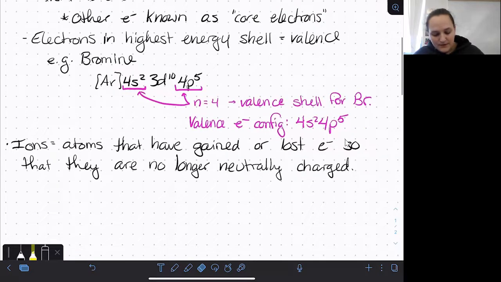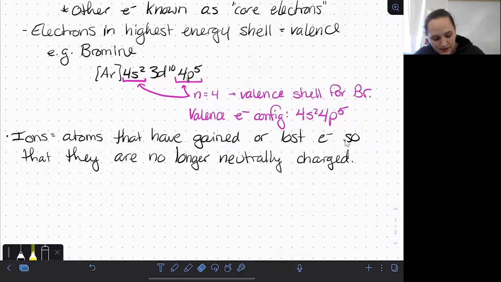And we have different names for types of ions depending upon whether it gains or loses electrons to become negatively or positively charged. So a cation is a positively charged ion.